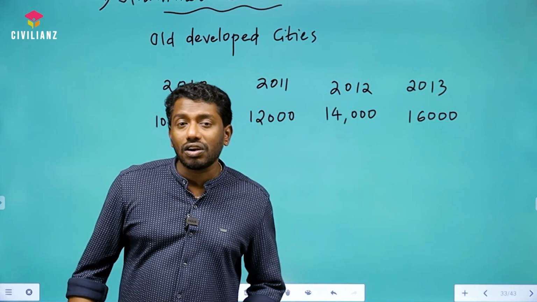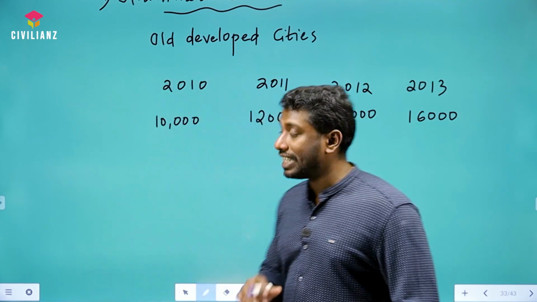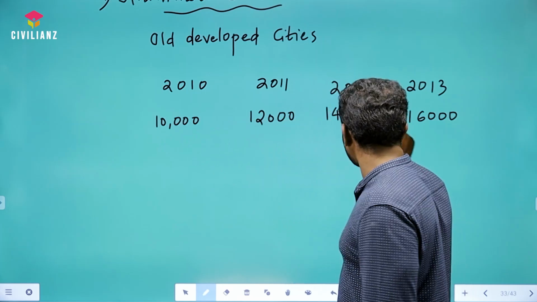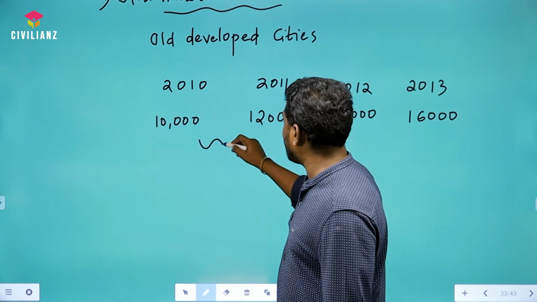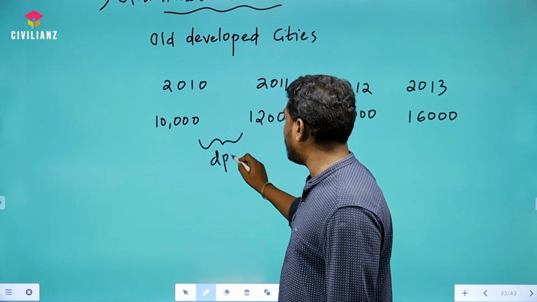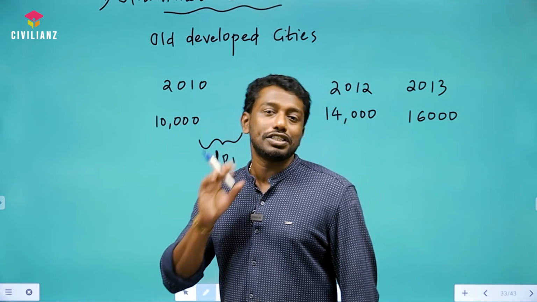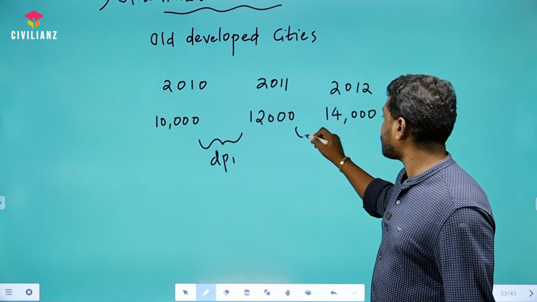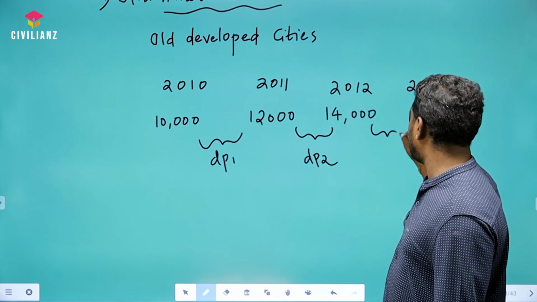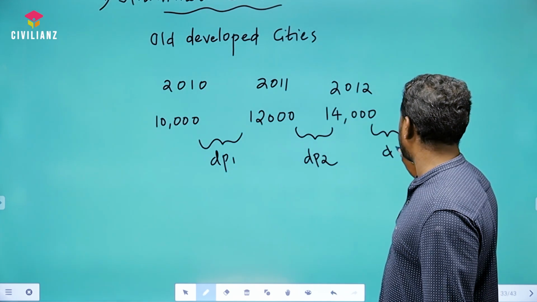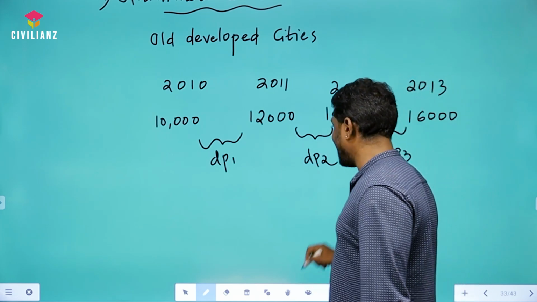So population is not constant here. Population has increased from 10,000 to 16,000. But look at the increment. Consider dp1 as the change in population during the first year, dp2 the change in population during the second year, and dp3 the change in population during the third year.